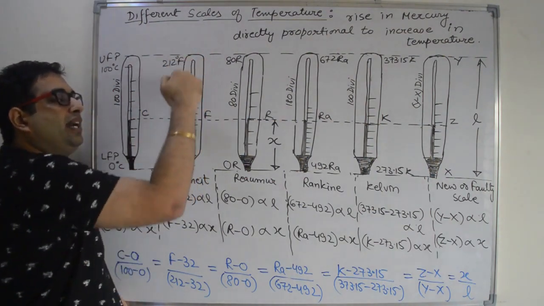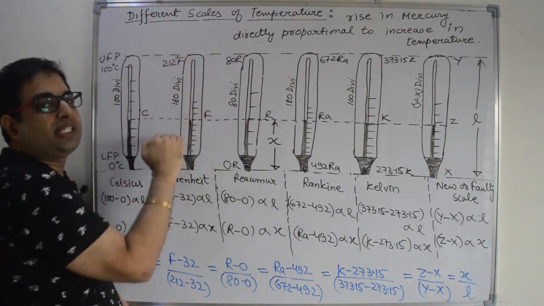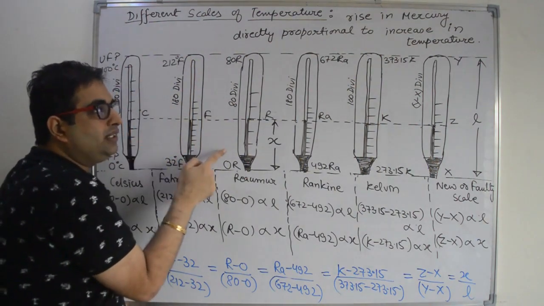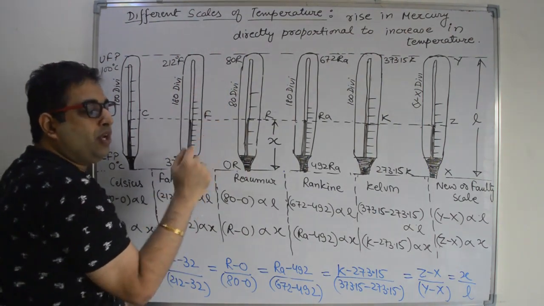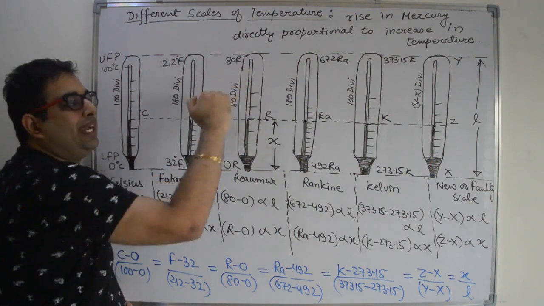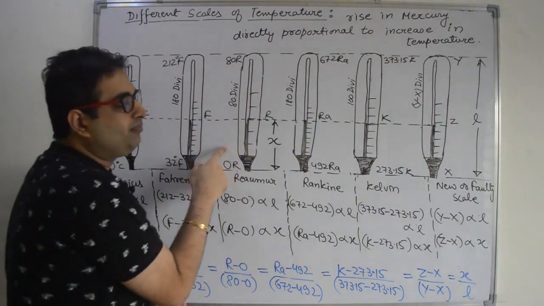That means there are 180 divisions or 180 slots in this Fahrenheit scale. Next is the Reaumur scale. Slots are 80 because the lower fixed point is 0, the upper fixed point is 80.